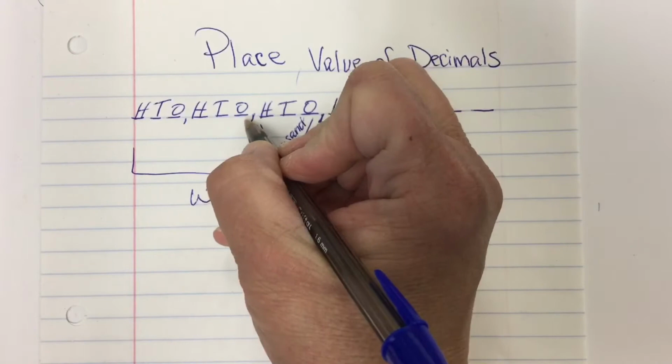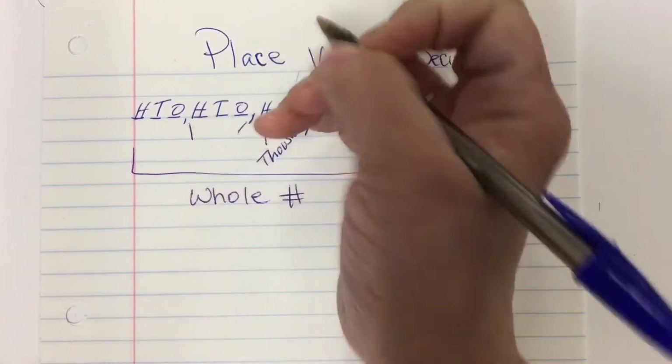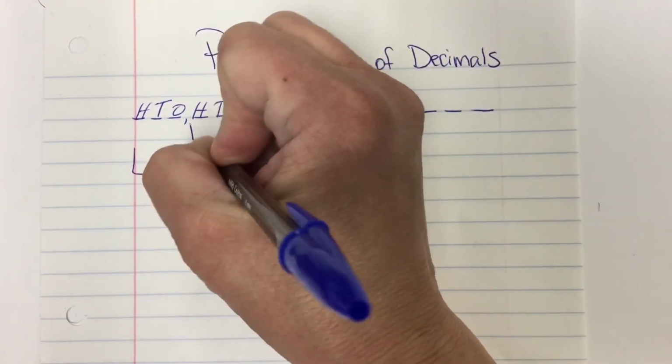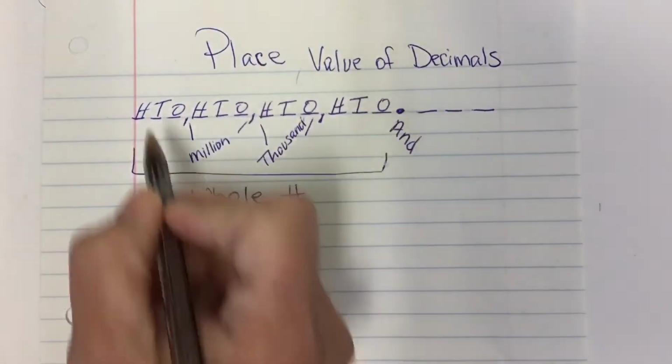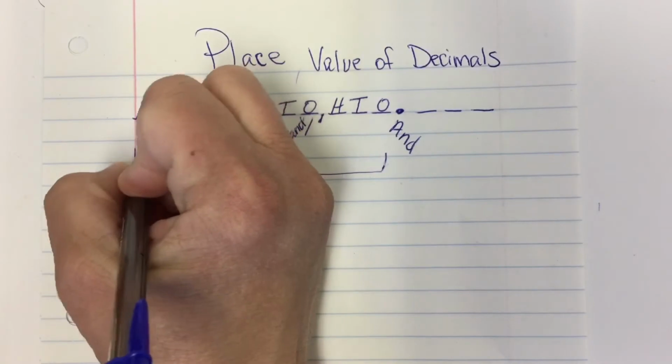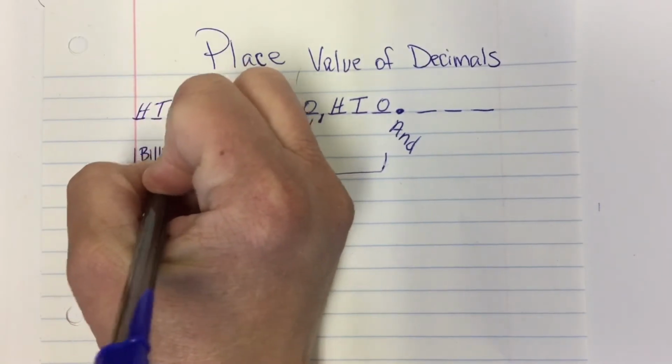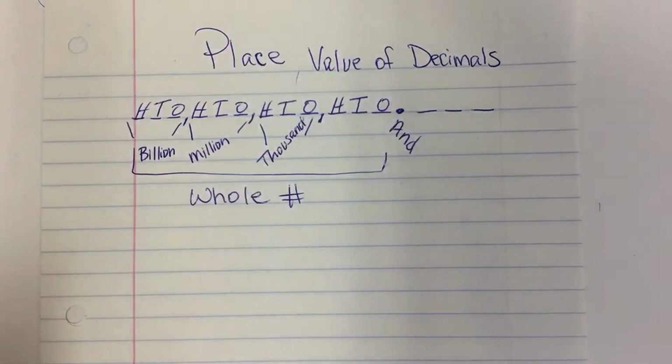This comma says that this is ones, tens, hundreds, millions. And then this comma says ones, tens, hundreds, billions. The only thing that changes is the name that the comma gives. Everything else is going to be the same.